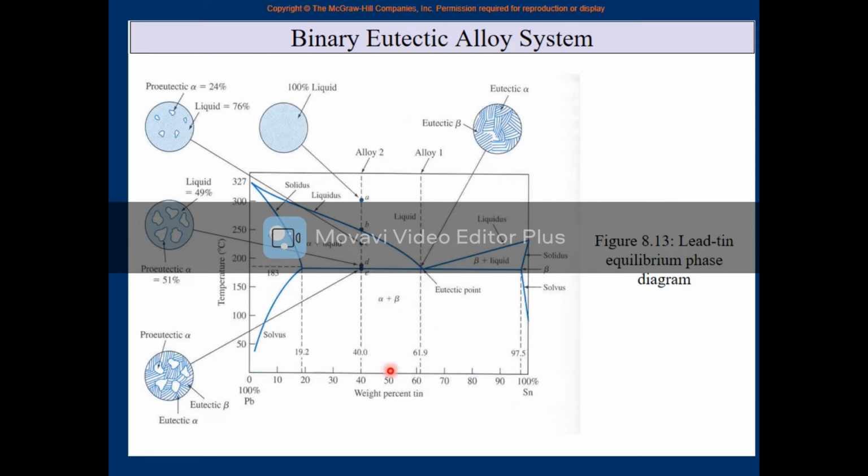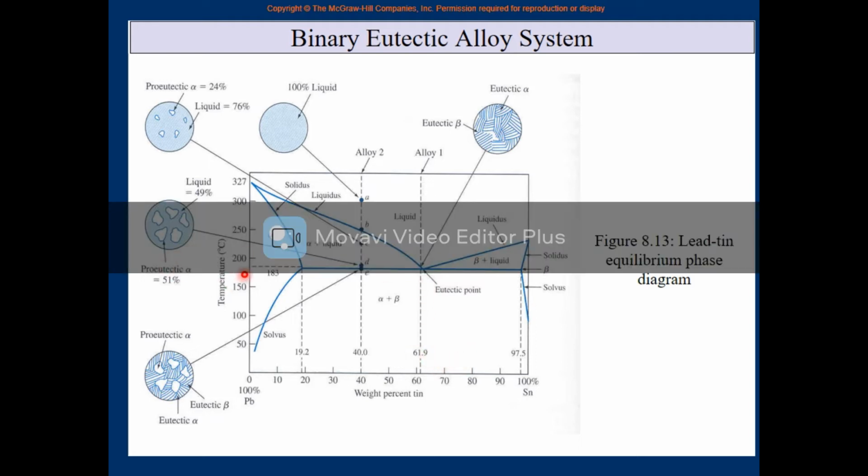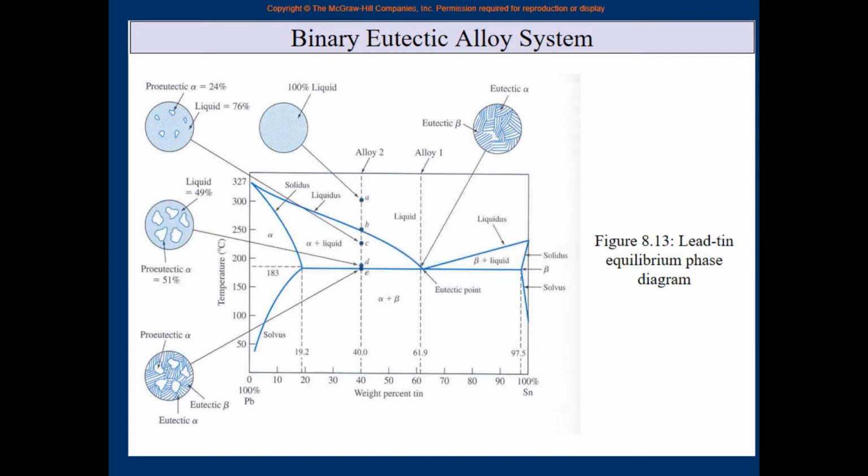For this lead-tin system, the composition at which it happens is 61.9% tin, as it is written here, and the temperature is 183 Celsius.